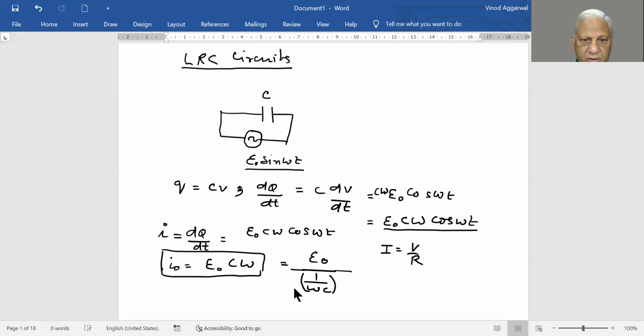So this becomes our sort of a resistance. In case of a capacitance, this term is called reactance, right?